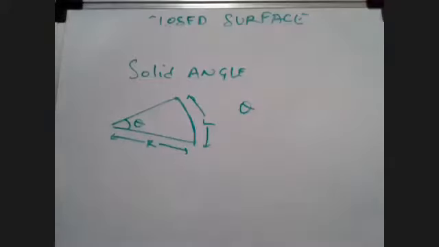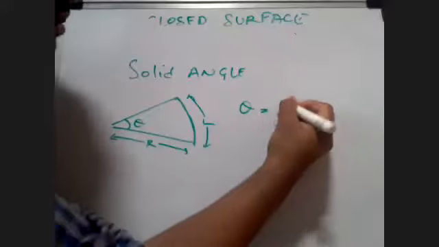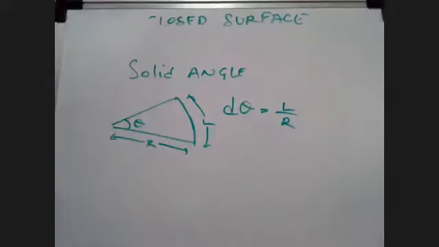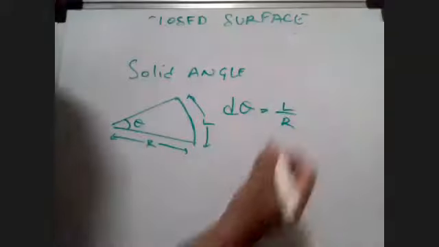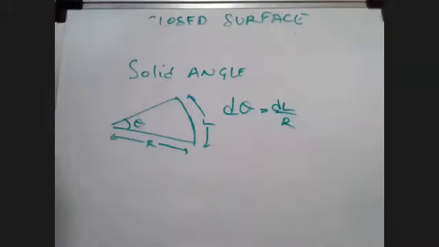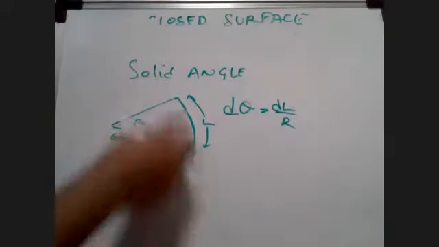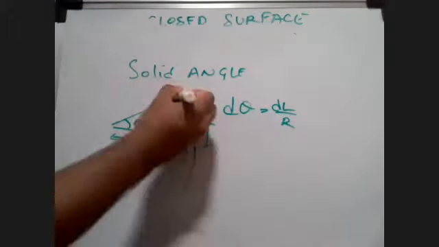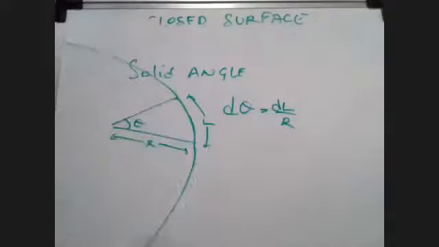L by R. And so what is d theta? dL by R. Because what is variable here? Variable is only L, no? You can increase or decrease it. You can make it an entire circle. This is a part of a circle. So ultimately length is variable, theta is variable, radius has to be constant at any point. Okay, so that is for plane angle.